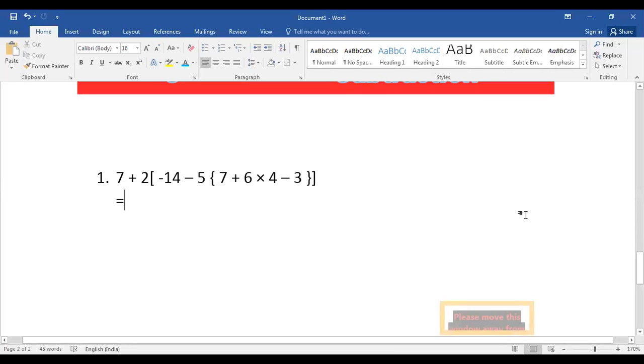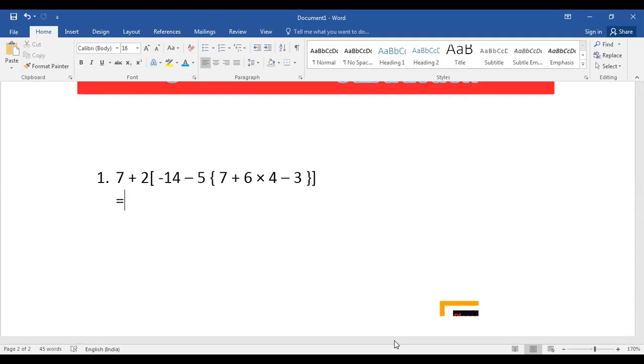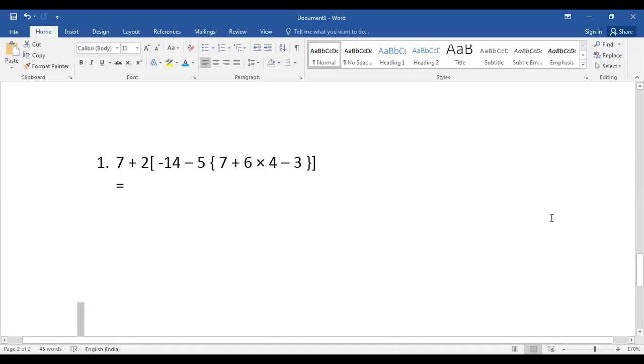7 plus 2 into bracket minus 14 minus 5 into bracket 7 plus 6 into 4 minus 3. So first here we are going to solve this bracket. Now inside the bracket also you are going to follow the rule of BODMAS.